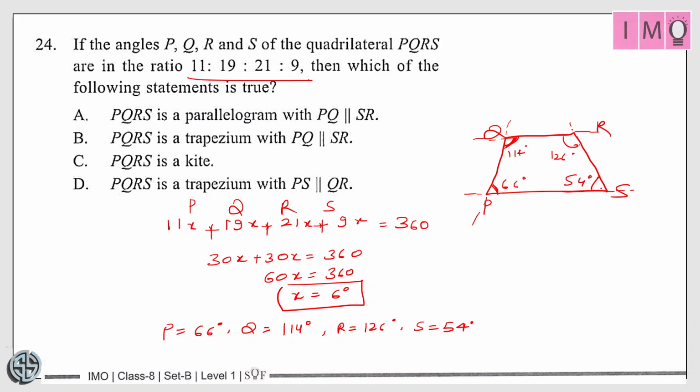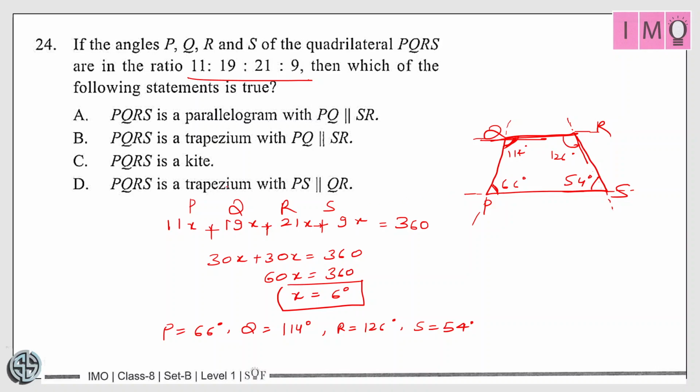So again, you can say that QR will be parallel to PS. Therefore, RS is a transversal, and for that reason 126 and 54 are co-interior angles. So therefore their sum is 180. So you can say from here that definitely QR will be parallel to PS.